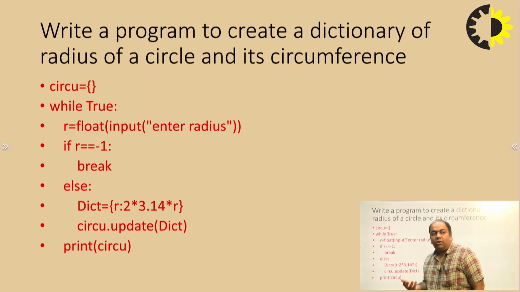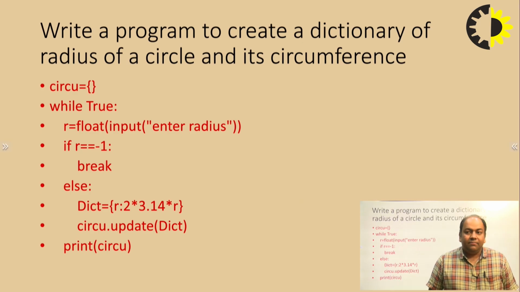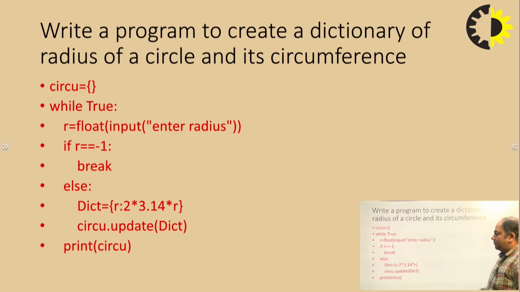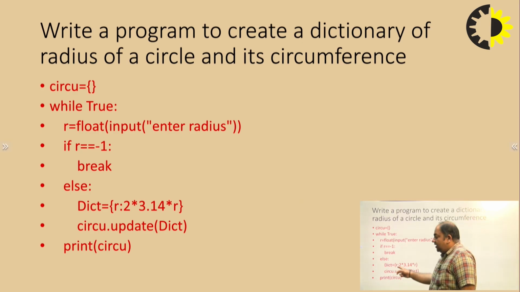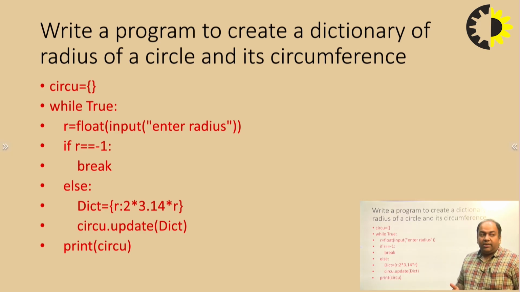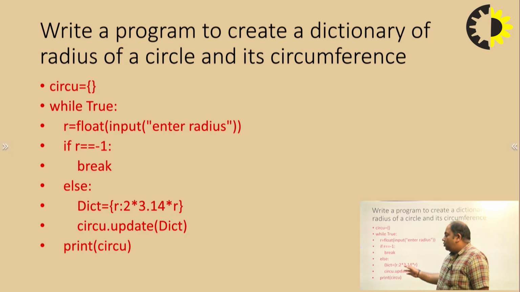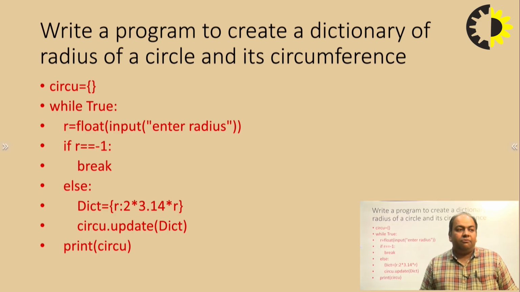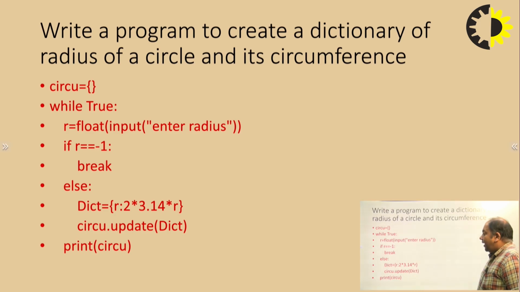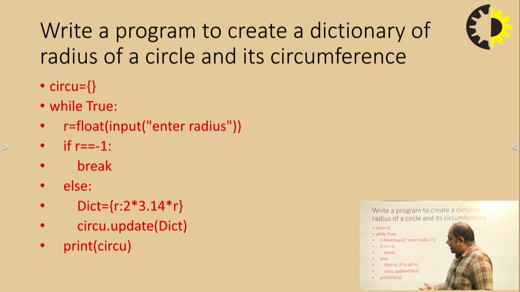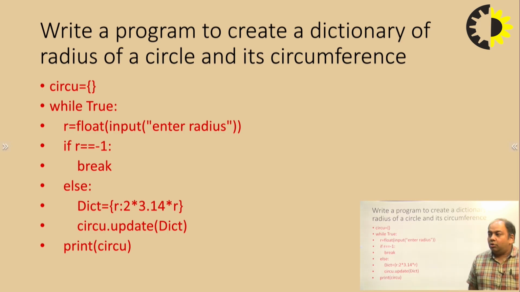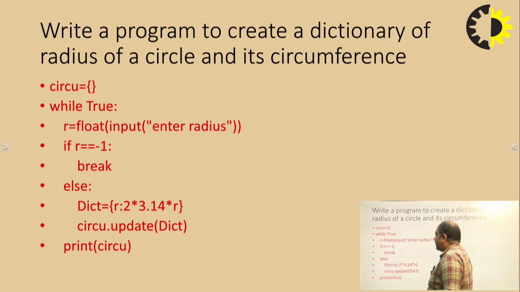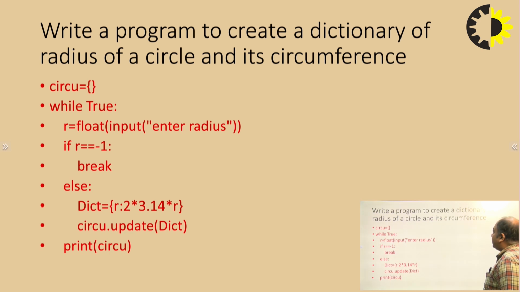The formula we give in a key value pair: here r is the key and its value is defined using 2 into 3.14 into r, which is the formula for finding the circumference. Then we update the dictionary and print it, so it will give the output to find the circumference of a circle.